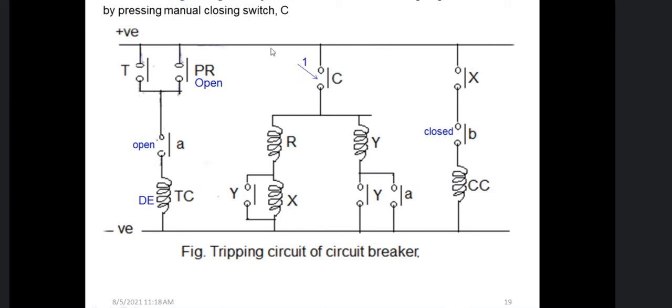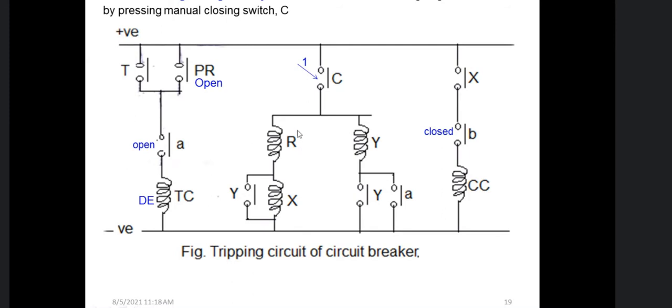So when the manual closing switch, step 1 I have written, is pressed, what will happen? Now there is no instruction or energization from the primary relay. The primary relay has not operated because it is a healthy condition.